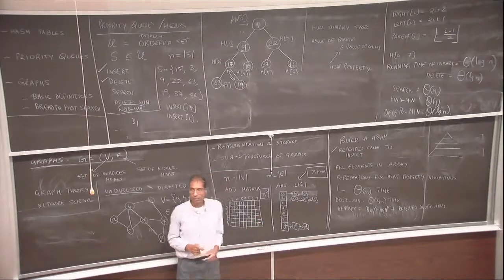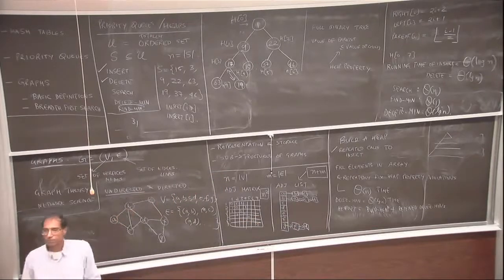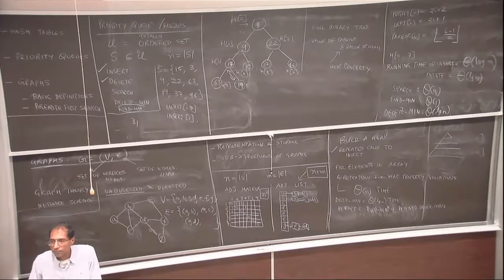Okay? Yes? Are these representations only talking about undirected graphs? Is there a difference if we use it for directed? You can use it for directed as well. So say if you use an adjacency list for directed, you will only store the edges going out from a vertex? That's true.